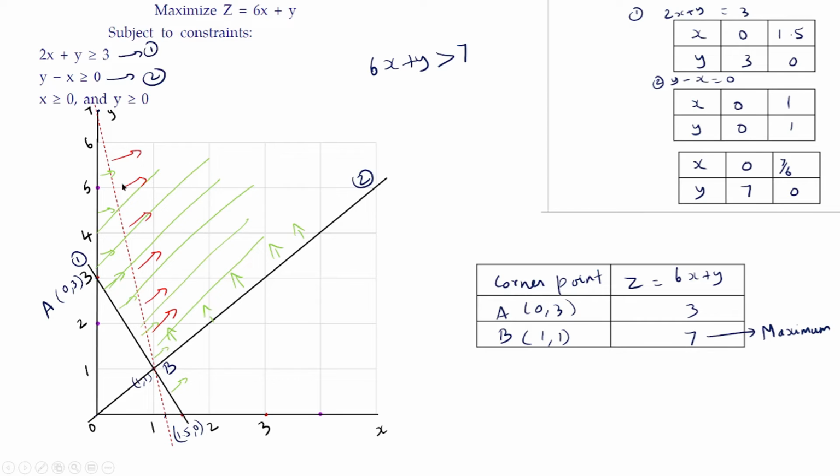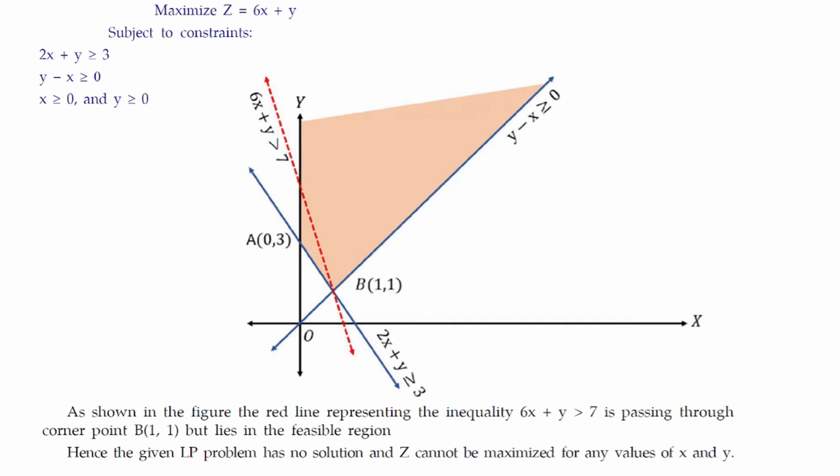So here we can see that the line passing through this corner point B crosses the feasible region, and there are various points which are common to the feasible region and the half plane corresponding to 6x plus y greater than 7. So this linear programming problem does not have a solution. So here we have the result. So this is what is given in the book.